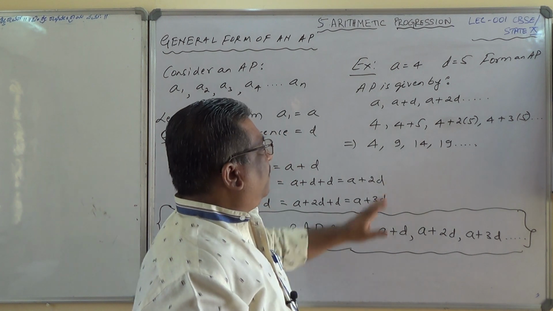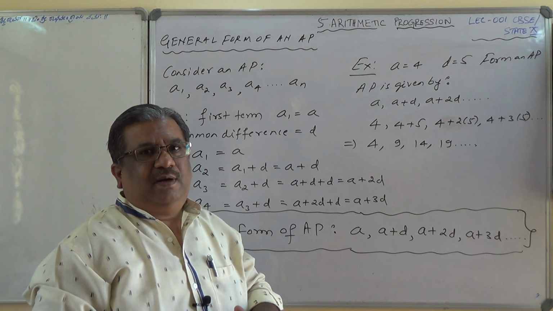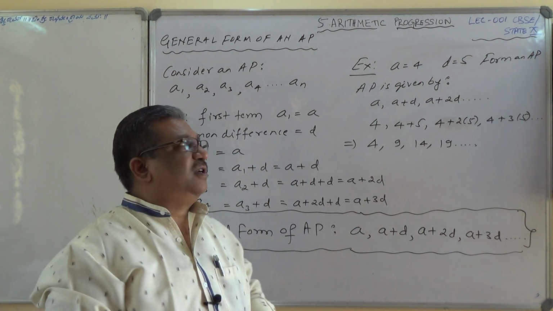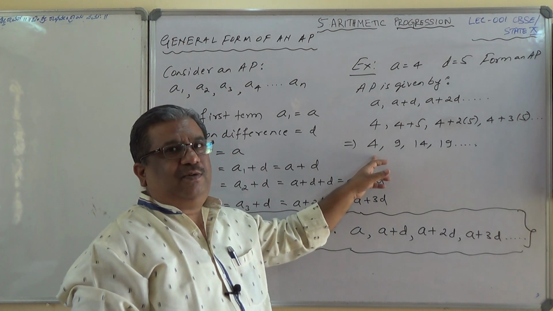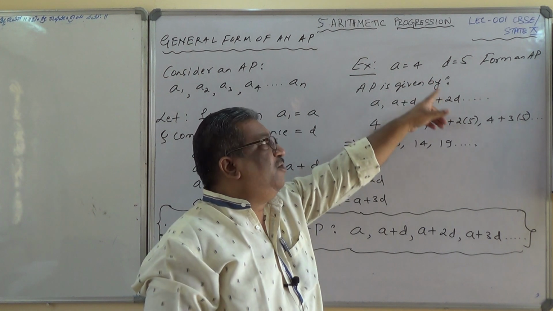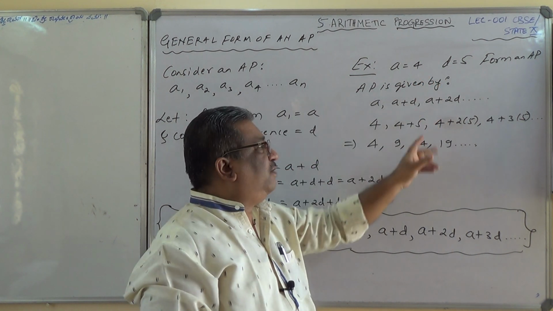And therefore, each term is obtained by adding a fixed number called the common difference to the preceding term, except the first term. Anything has been given to you about the first term? The first term itself is given to us, and therefore you go on adding 5 in this form to get an AP.